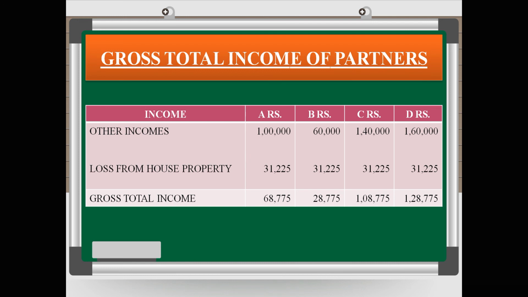A, B, C, D. Other incomes are given in the question, at the end: 1,60,000, 1,40,000 and 1,60,000. Against that, if the income had come in plus we would add it, but the loss is equal for all four, so we subtract it, and then we arrive at gross total income of each and every partner separately. Done?